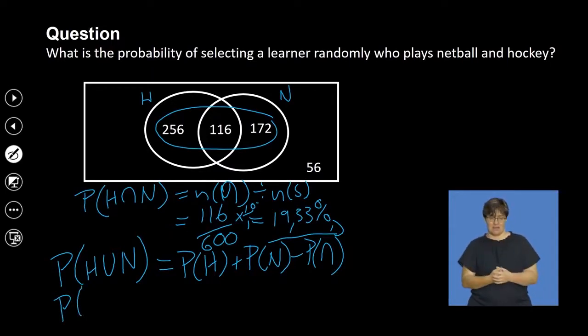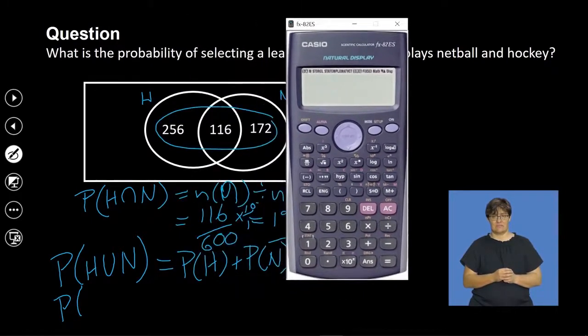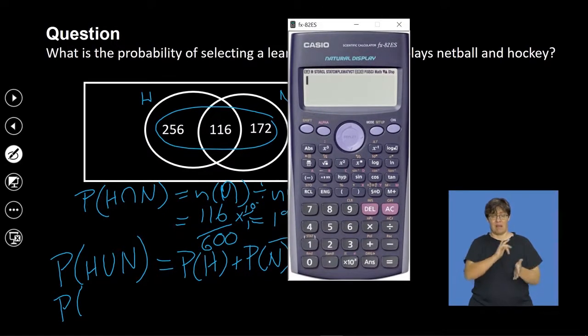So it's the probability of those, which is, let's just get the calculator so we are clear what those values are. I'm going to clear that. We've got it over here: 256 plus 116 plus 172.